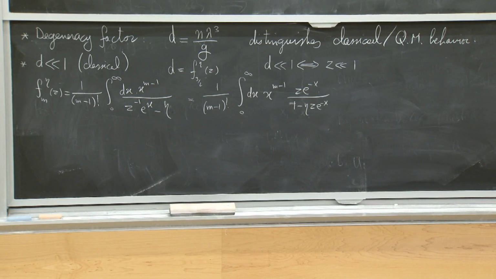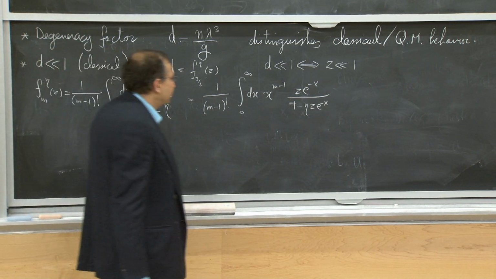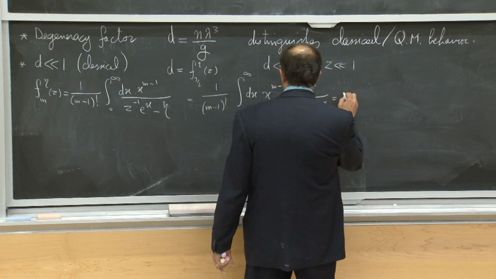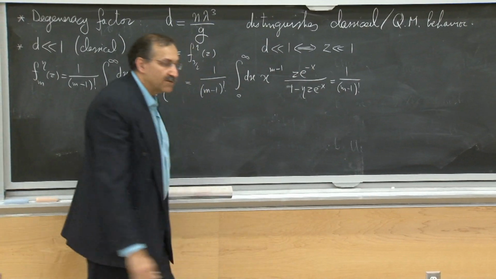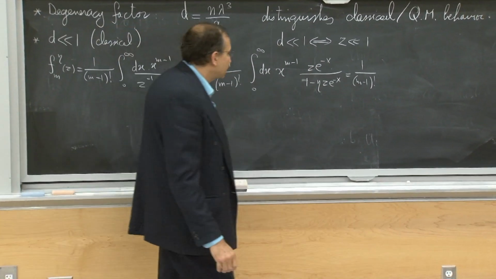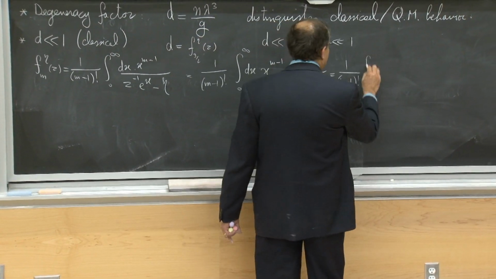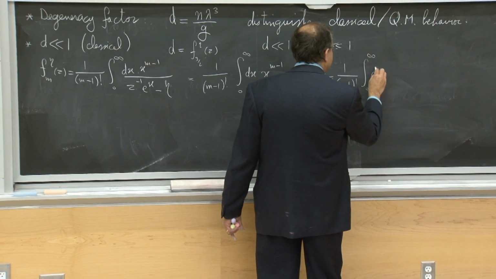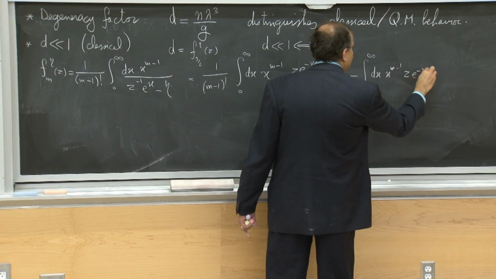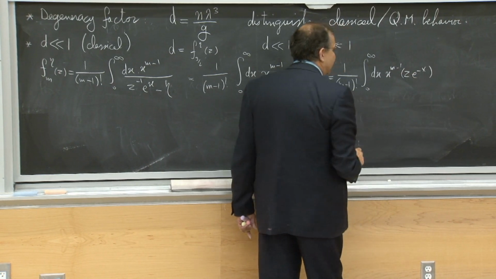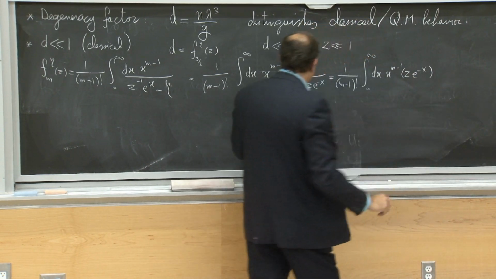Then I say, well, the thing that is appearing in the denominator, I can write as a sum of a geometric series in powers of z. And that's, after all, what I'm attempting to do, make an expansion in powers of z. It starts with z e to the minus x.